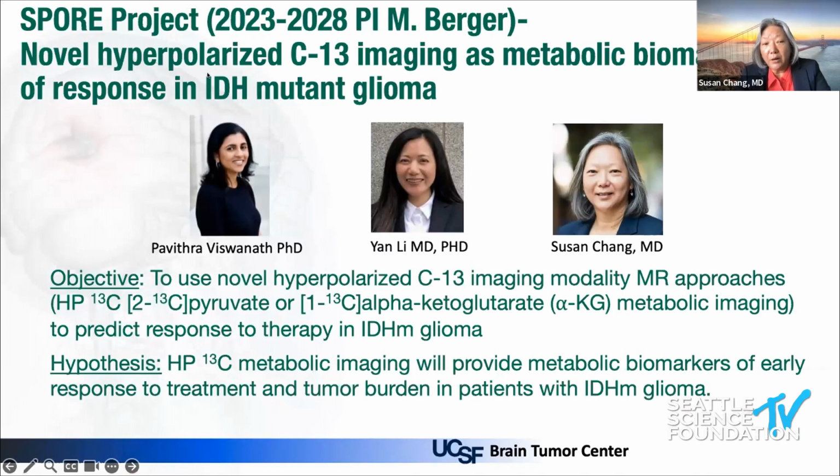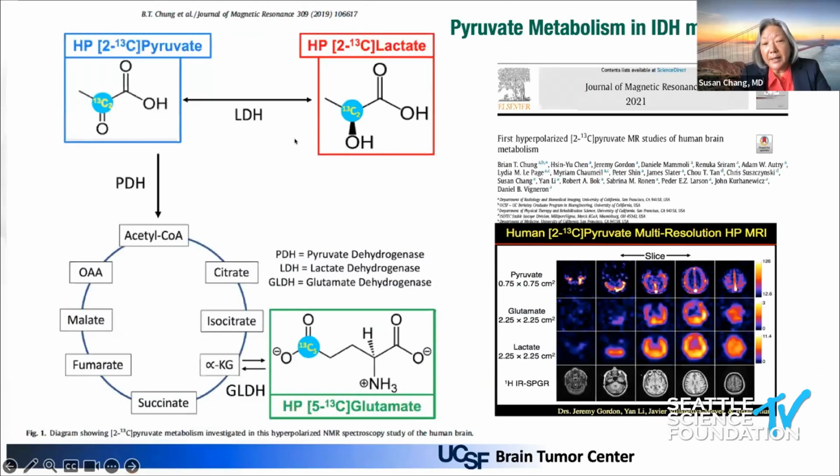We are incorporating novel hyperpolarized C13 imaging as metabolic markers of response in IDH mutant glioma. And this is understanding again that in these IDH mutant tumors, we can use C2 pyruvate to really understand how this tumor metabolizes it differently versus normal tissue.